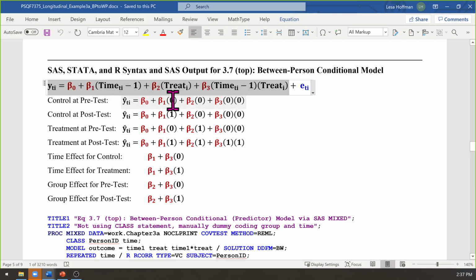I have a main effect of group, whether control is the 0 or treatment is the 1, and I have their interaction. So I'm asking whether or not people who are in the treatment group improved more between pretest and posttest. That's sort of the definition of what you would look for in these sorts of randomized experiments.